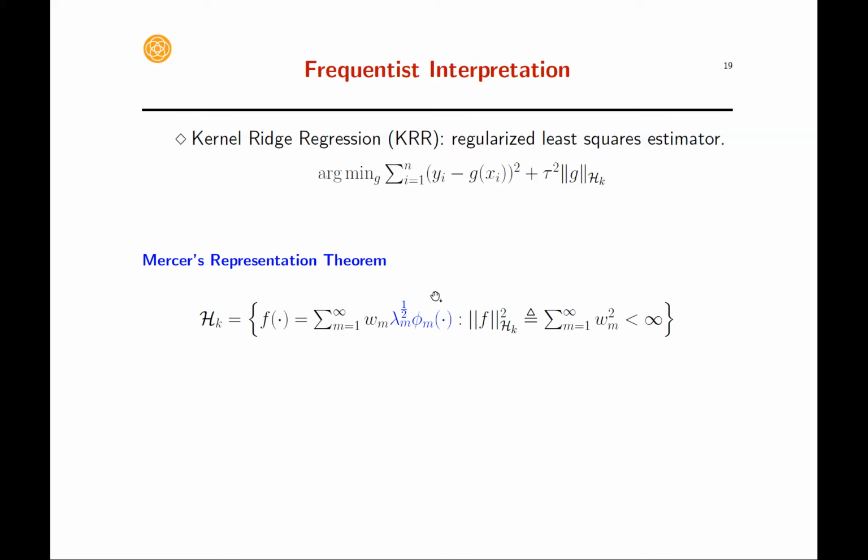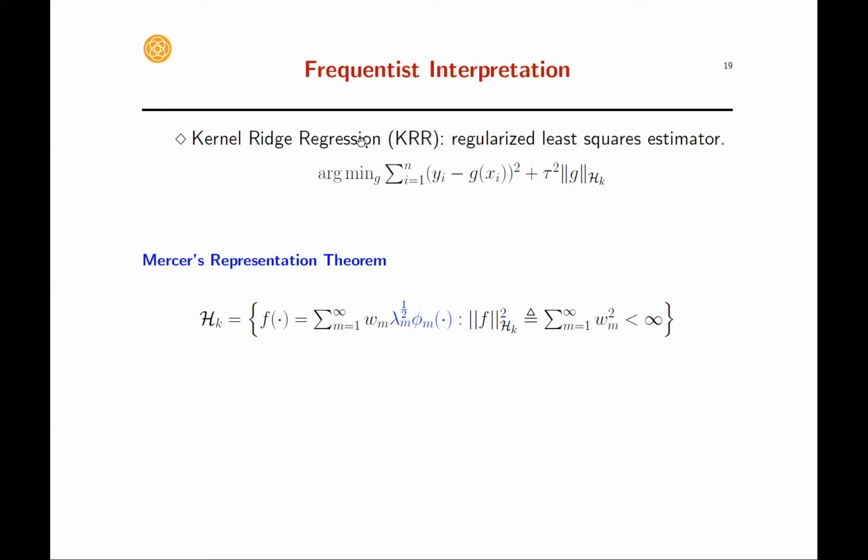So we have this infinite dimensional basis with lambda_m being the eigenvalue and phi_m being the eigenfunction or eigenbasis, and then H is the space of all functions which we can write as an infinite dimensional linear combination of this basis. And the norm of f is simply the L2 norm of the weights that determine this particular function.